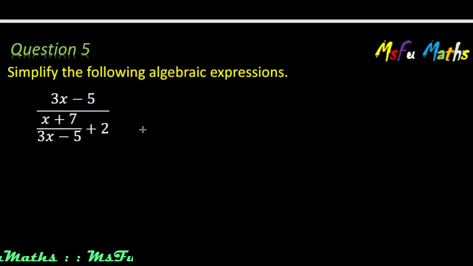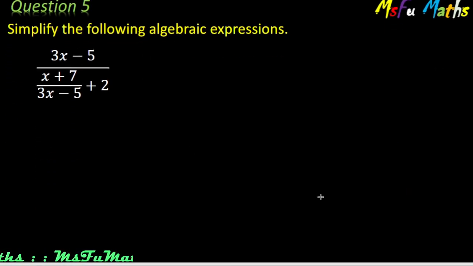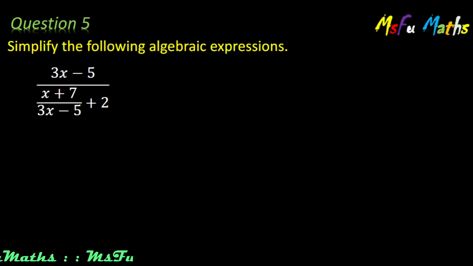Last one. Now look at question number 5 here. When we observe our fractions, we have our denominator x plus 7 over 3x minus 5. So to get rid of this 3x minus 5, we can just times the whole denominator by 3x minus 5.